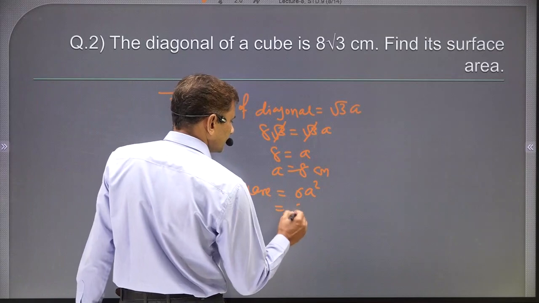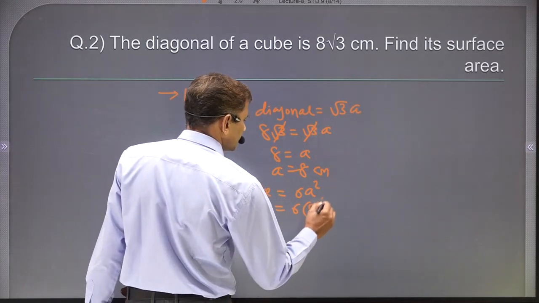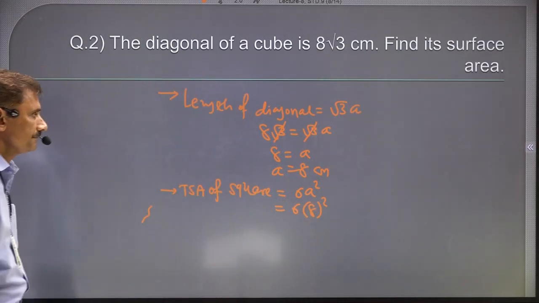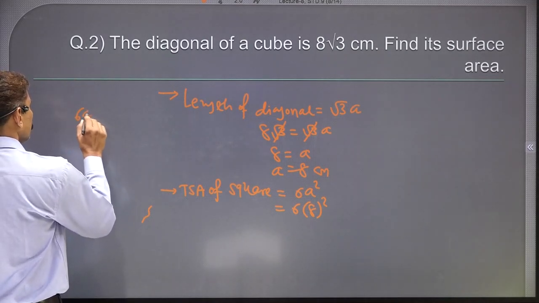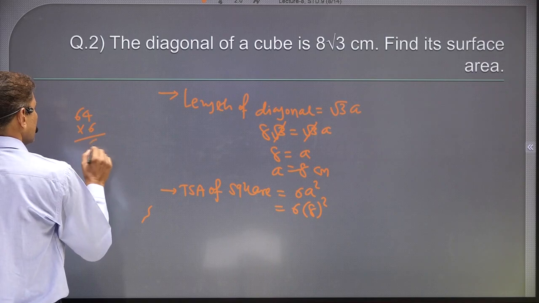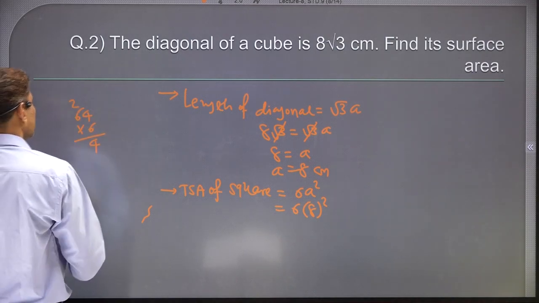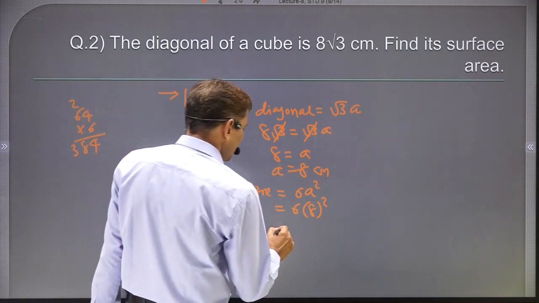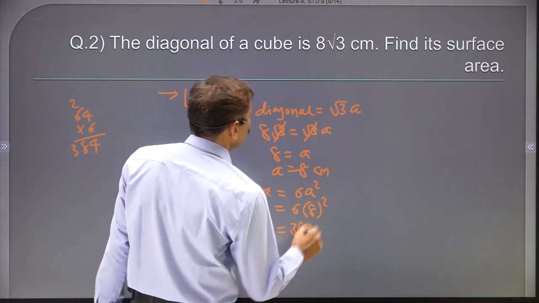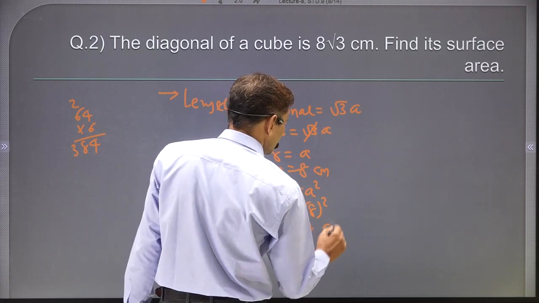So it will be 6 times 8 square. 8 square is just 64. 64 into 6: 6 fours are 24, carry 2; 6 sixes are 36 plus 2 is 38. So it will be 384 centimeter square.